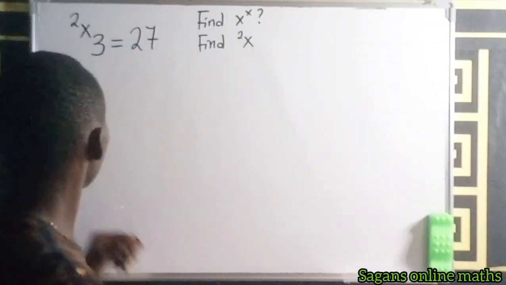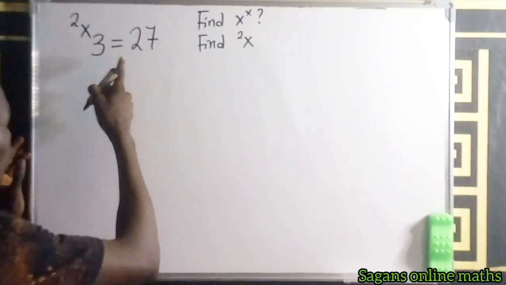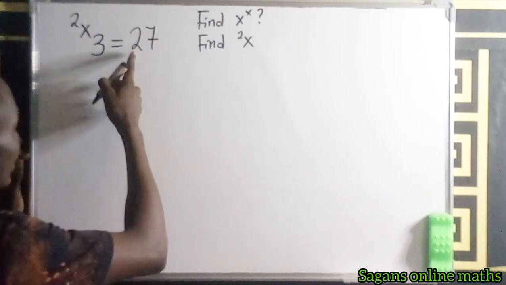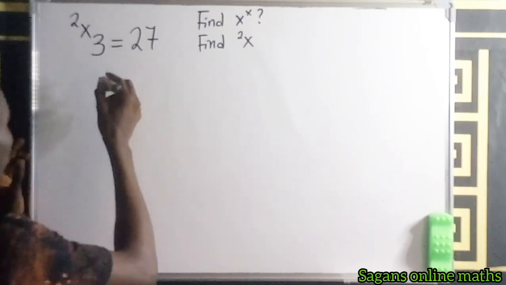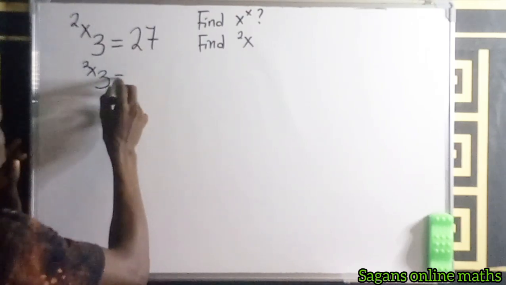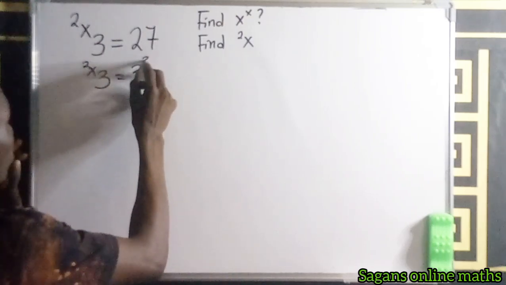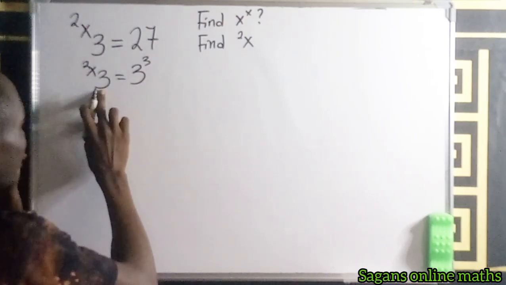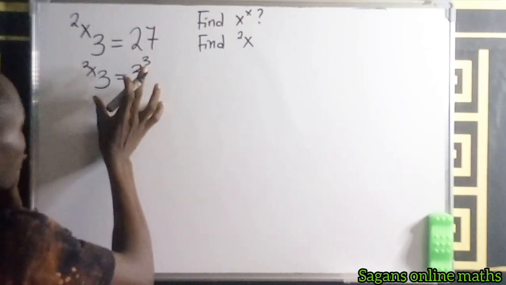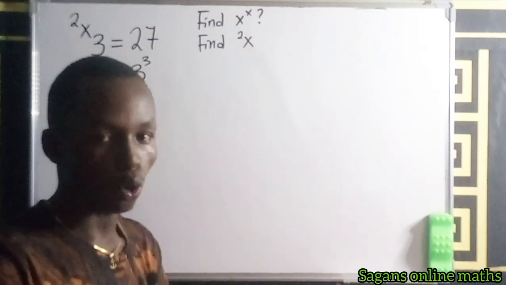Beautiful. Okay. Now, how are we going to do this? We have to put this in index form. If you write 27 in index form as 3 to the power of 3, and since here is the base and here is the base, you equate the powers, my brother, my sister, you are wrong.